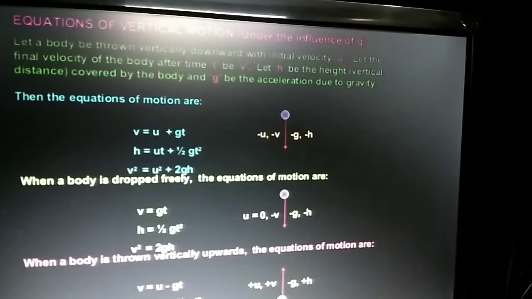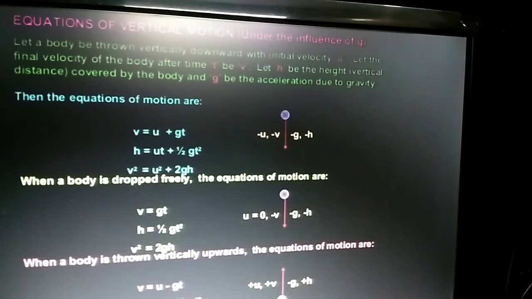Now, in the first lesson, we have seen equations of motion when the object is moving in a linear path, that is in a straight line. Now these equations will change if the object is moving in vertical motion, that is under the influence of gravity. Let a body be thrown vertically downward with initial velocity small u.